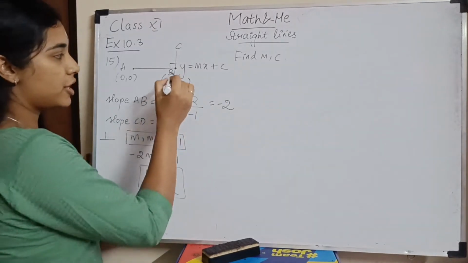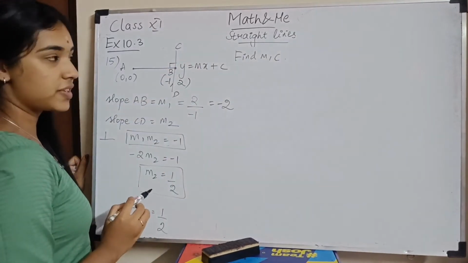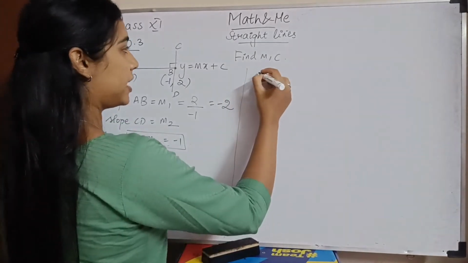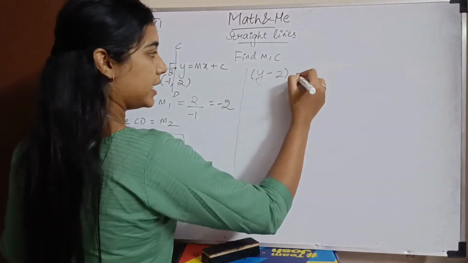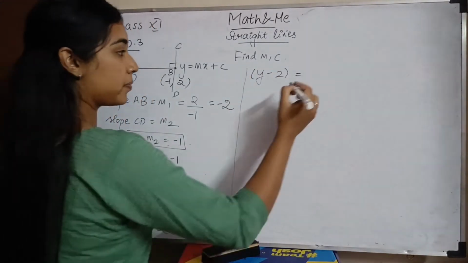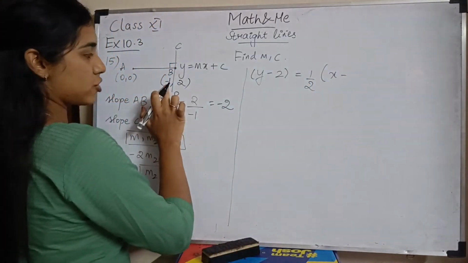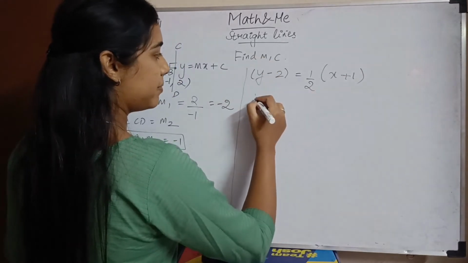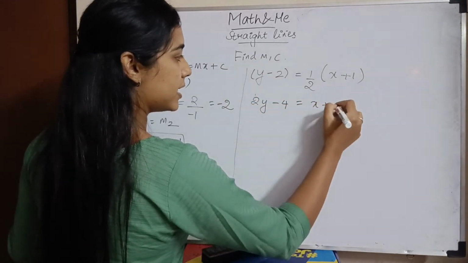So how do you do that? You have a particular point on this line and you know the slope of this line. So you find the equation of the line first. So what is the equation of the line? y minus y naught equals m times x minus x naught, which is plus 1. So when I multiply, I have 2y minus 4 equals x plus 1.